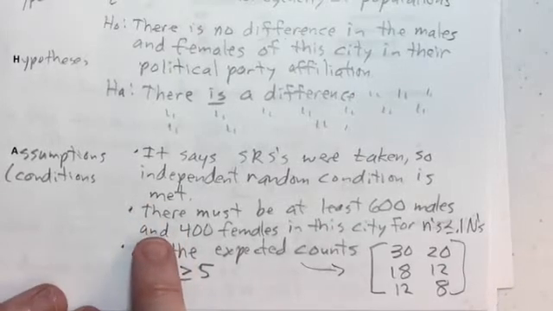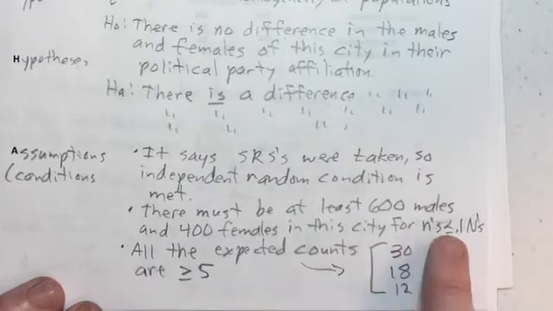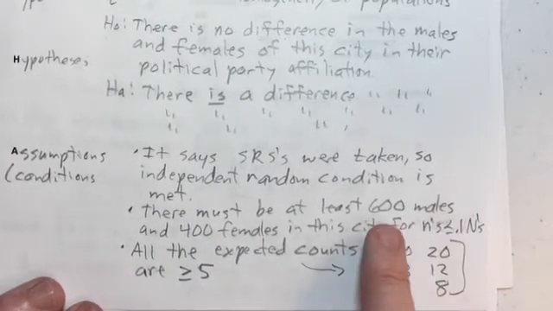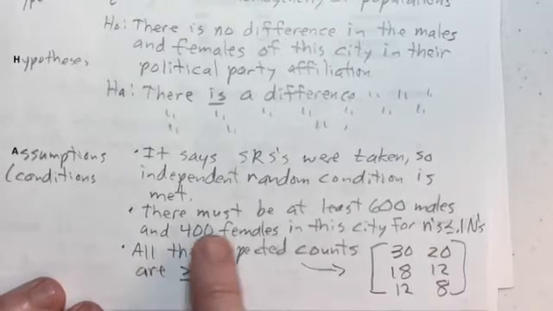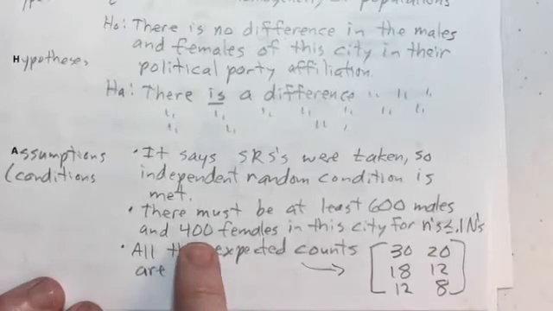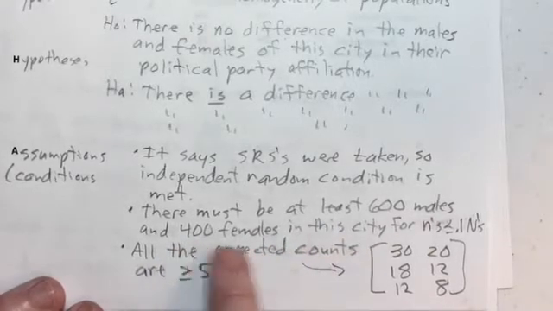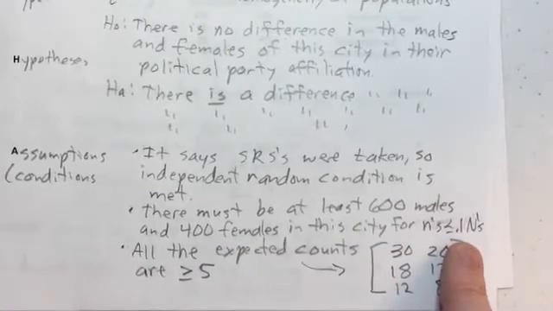Also, the other aspect of the word independence is that our population size is at least 10 times our sample sizes. So you just multiply your sample sizes by 10. We've had that for several chapters now as well. So there were 60 males and 40 females in our sample. So you multiply by 10. And we say there's got to be at least that for our sample sizes to be less than 10% of our population size, because we're sampling without replacement here. So we have to have big populations.